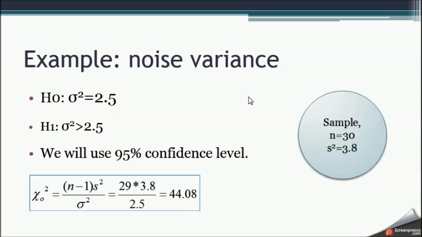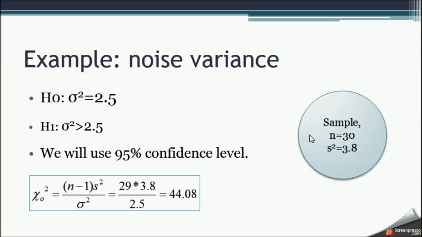So we have taken a random sample of 30 points in the communication channel. So we have taken 30 random readings or measurements from our population.